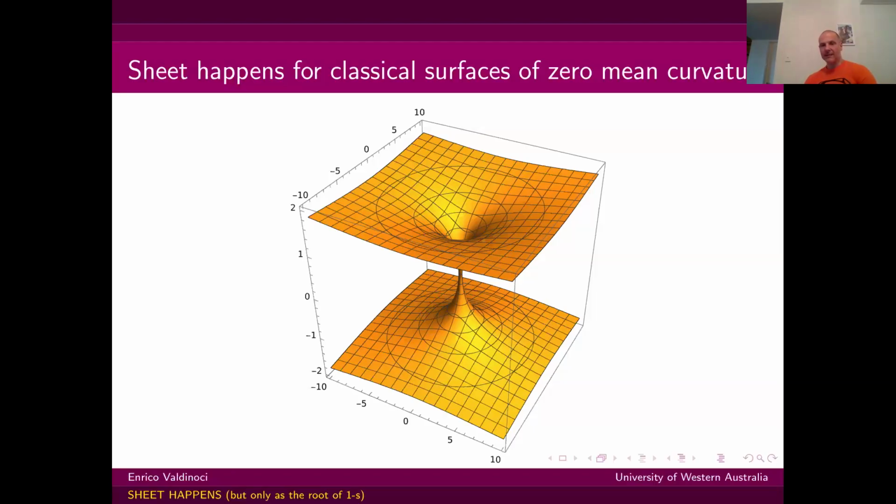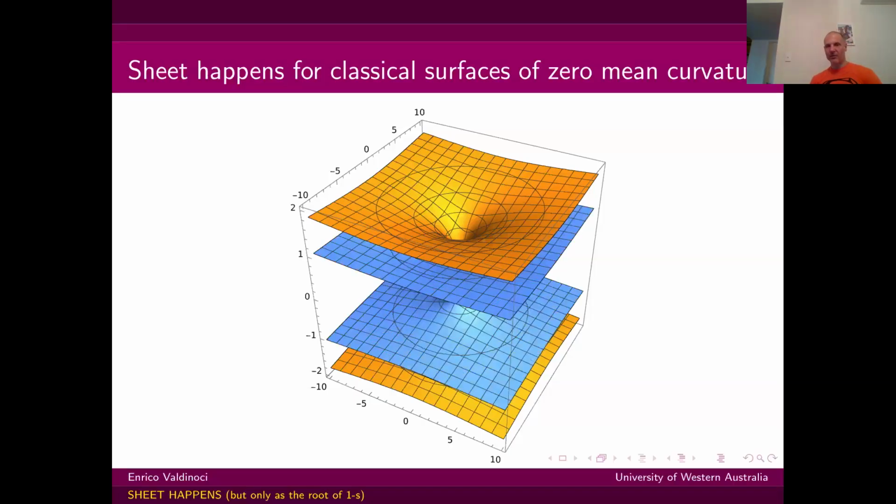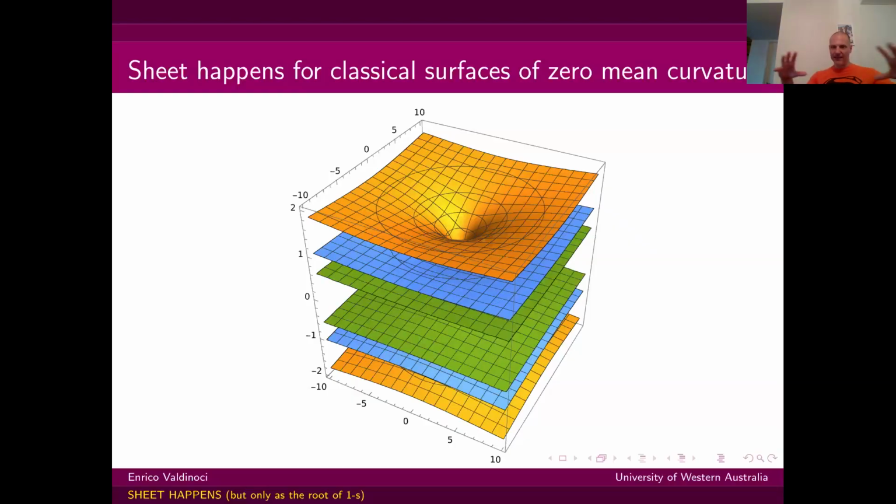Now, the unpleasant situation provided by the catenoid is that since zero mean curvature is a scale invariant concept, I can look at the catenoid at a larger scale, so blow down, and obtain another catenoid, which is still zero mean curvature. So this is the blue one. And I can scale again. So I find now the green one.